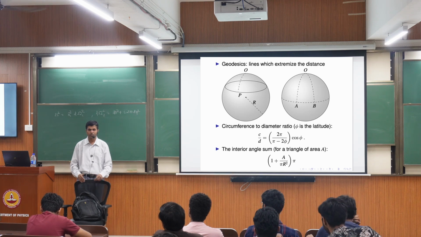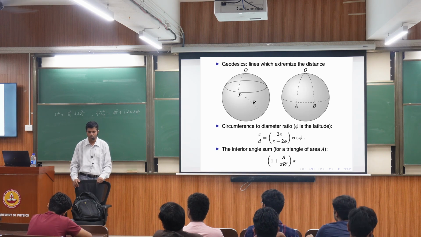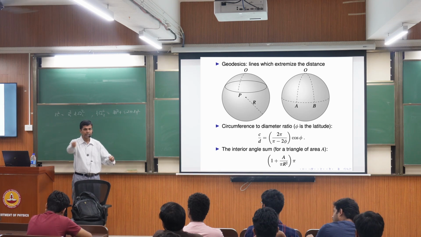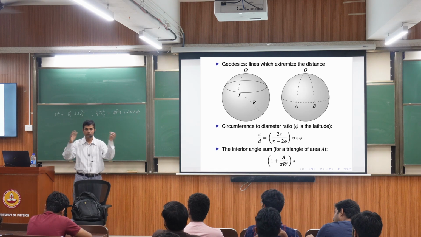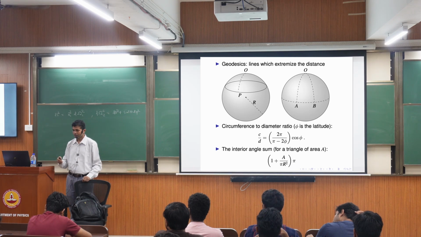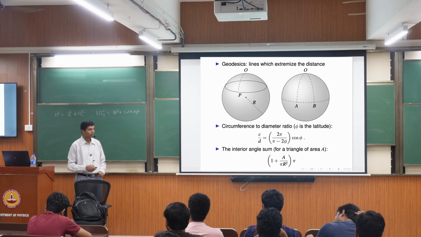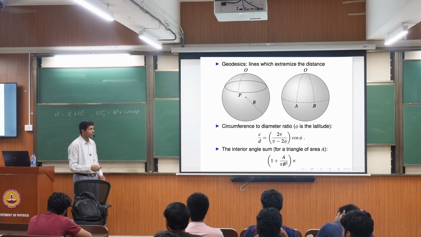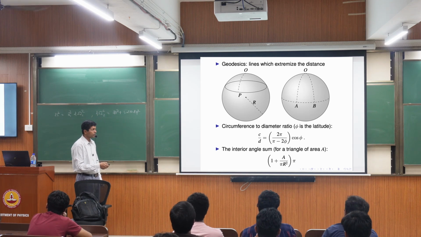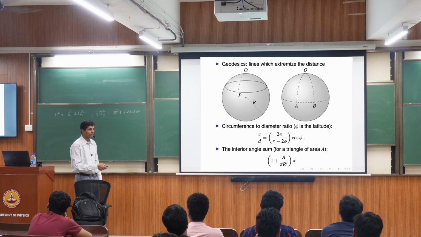They are obtained by solving the equation of motion of a free particle in that particular space. And in the case of a sphere, it's very straightforward to obtain. Anybody can work it out. And these are all the great circles on the surface of a sphere. Then you can consider, for example, a triangle, which is basically just the intersection of three great circles, so that will form a triangle.